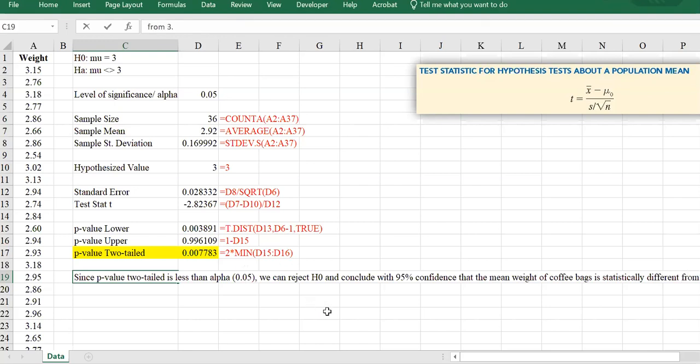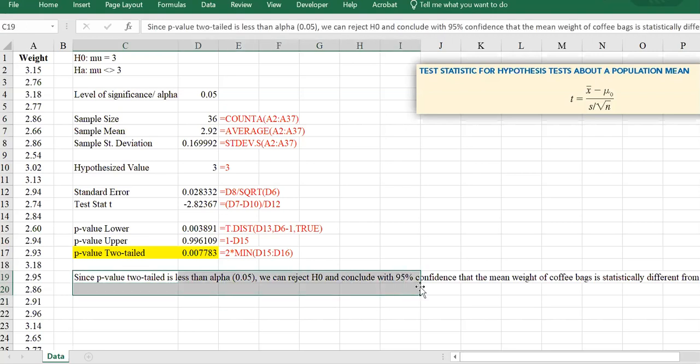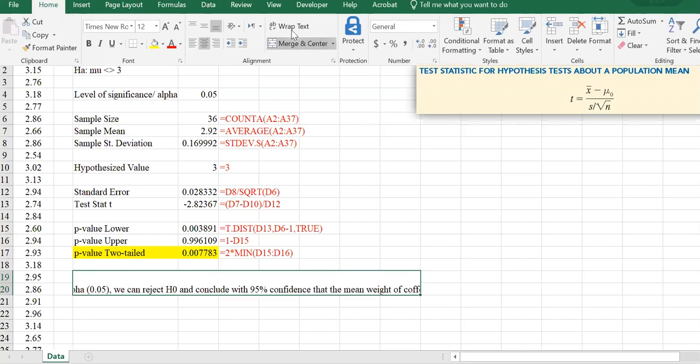We can reject the null hypothesis and conclude with 95% confidence that the mean weight of coffee bags is statistically different from 3. So I'm just going to make this look nicer. This is our statistical conclusion, and this is our business conclusion.